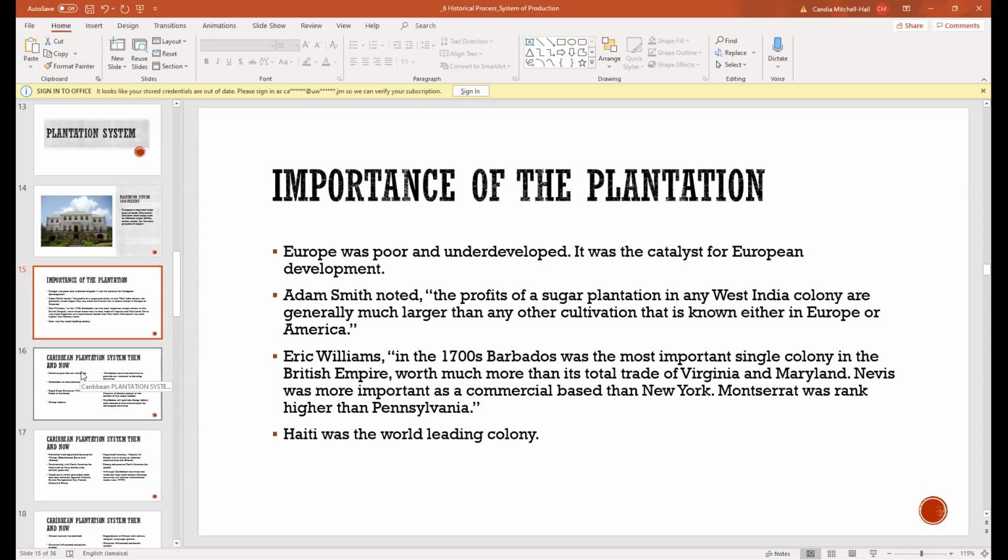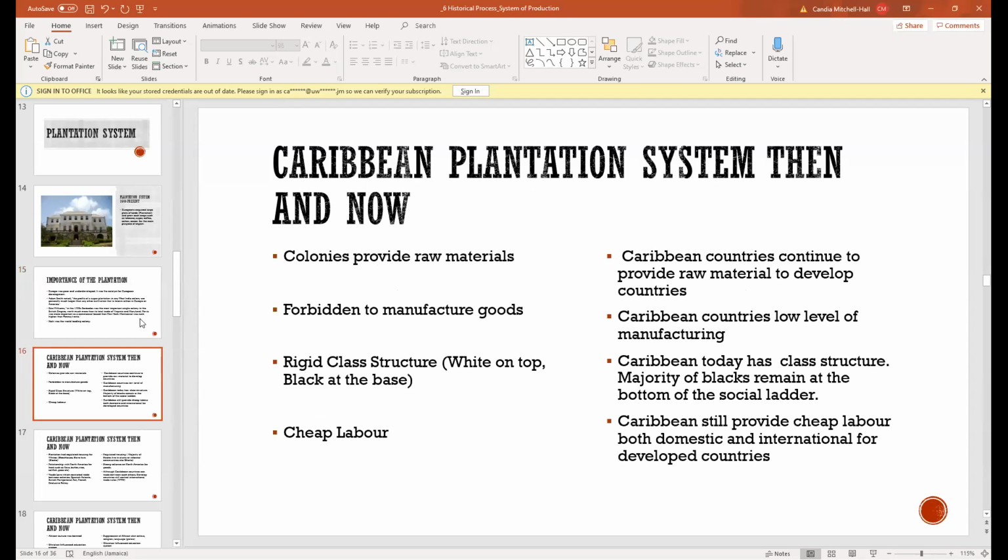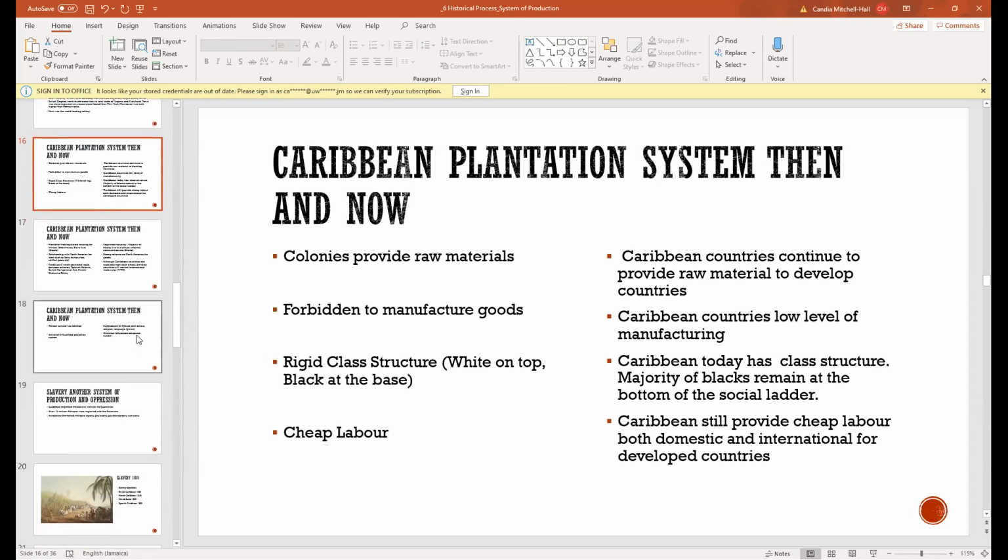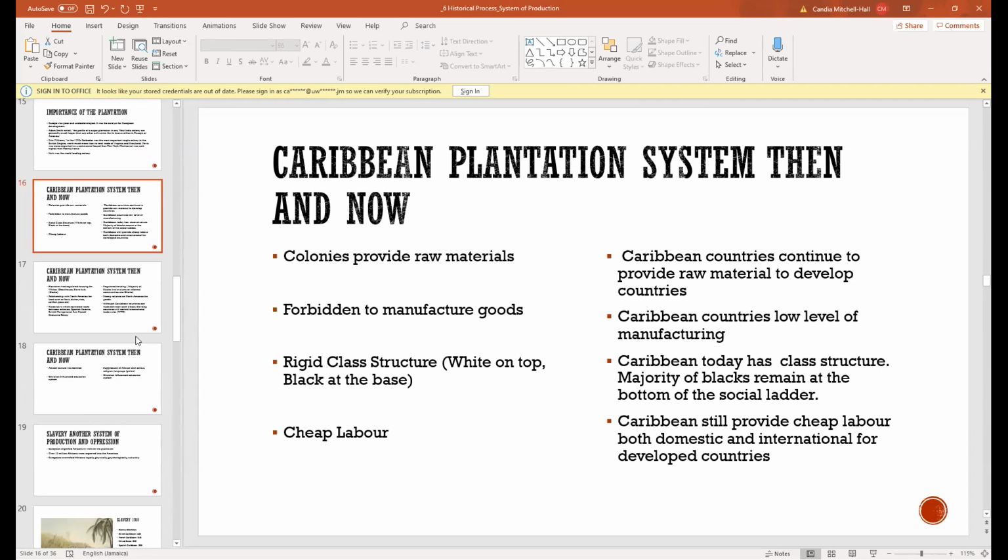Now, another point, ladies, is that Haiti, around this time, was considered a leading colony also. And after the Haitian Revolution, Jamaica became a leading colony. One of the questions we should look at is the plantation system then and now.